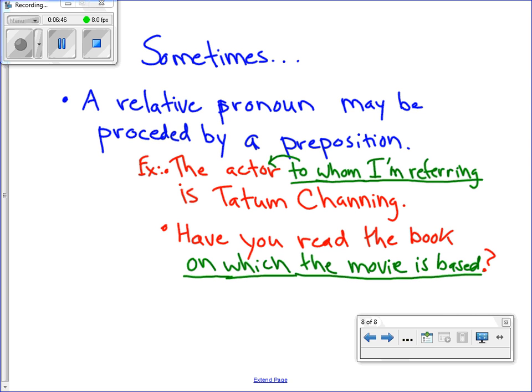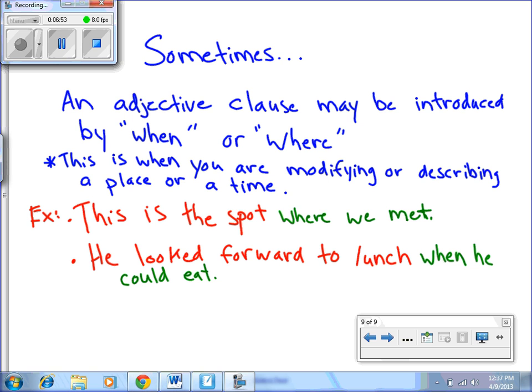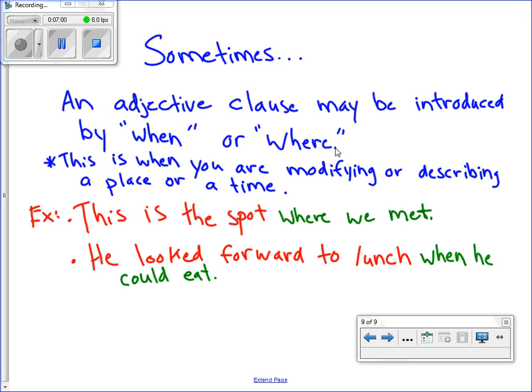It's referring to which book. Sometimes an adjective clause may be introduced by when or where. This is when you're modifying or describing a place or a time. For example, this is the spot where we met. He looked forward to lunch when he could eat.